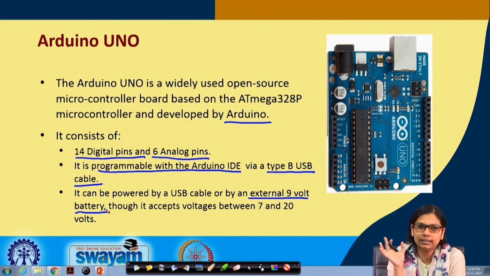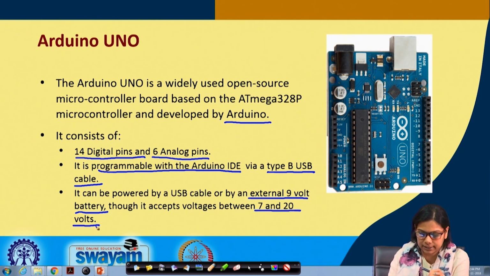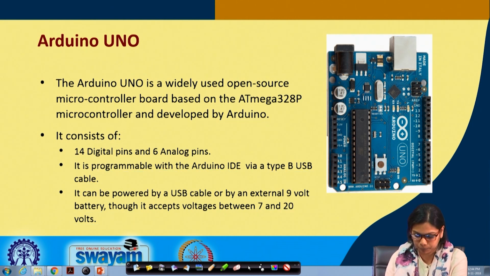Let us say you have already dumped the program and you want it to run without the support of any PC anywhere. So how do you power it? You can do that using this external 9-volt battery, though it accepts voltages in the range of 7 to 20 volts.